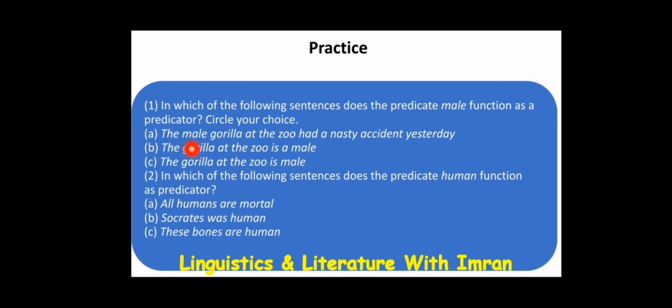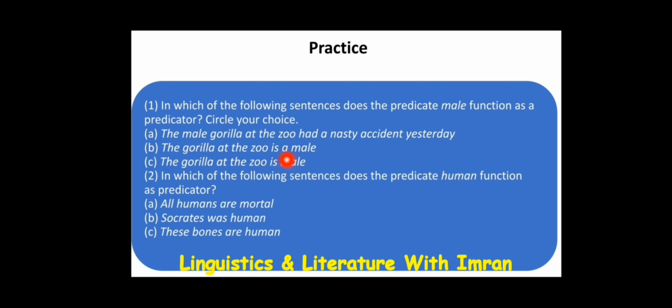In the first example, male is a predicate, but it is not a predicator, because we have the most important word here, and that is had. In the second, the gorilla at the zoo is a male. Here a male is used as a predicator, because the gorilla is a referring expression, the zoo is a referring expression. So what is left? A male.